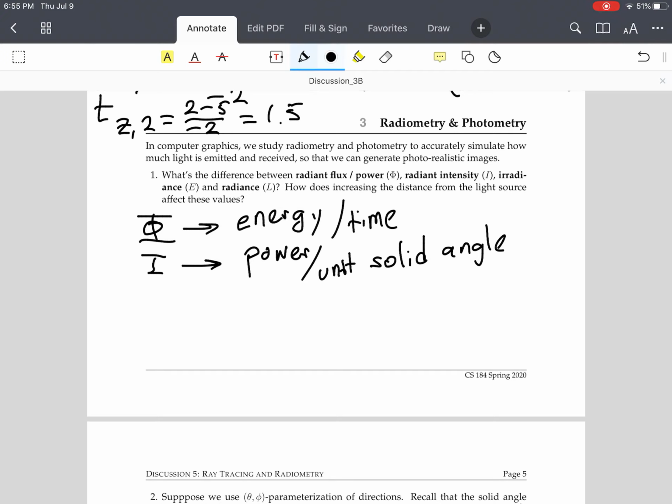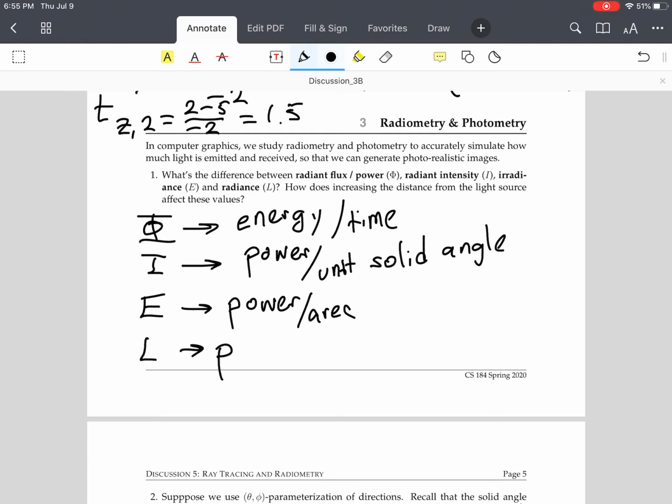Okay, that's radiant intensity. The irradiance E is going to be power per unit area, and then the radiance L is going to be the power emitted, reflected, transmitted, or received by a surface per unit solid angle per projected area.